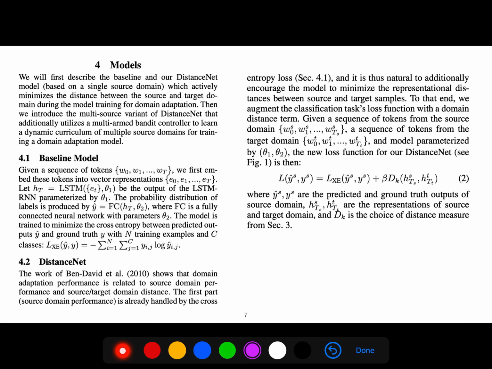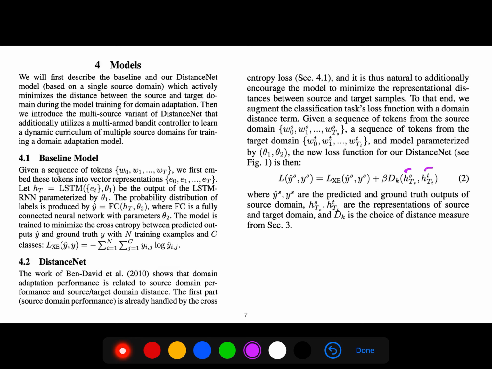And for DistanceNet, the work of Ben-David in 2010 shows that domain adaptation performance is related to source domain performance and source-target domain distance. The first part is already handled by cross entropy, and it's thus natural to additionally encourage the model to minimize representational distances between the source and the target.